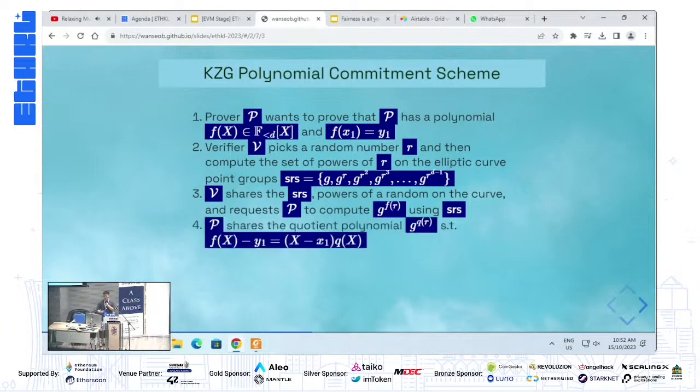And after that, the prover shares a quotient polynomial q of x, which is f of x minus y1 divided by x minus x1. Because if you evaluate both sides at x1, then the left-hand side should equal 0 and the right-hand side should equal 0.